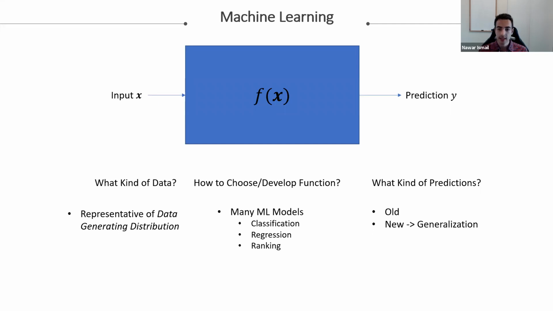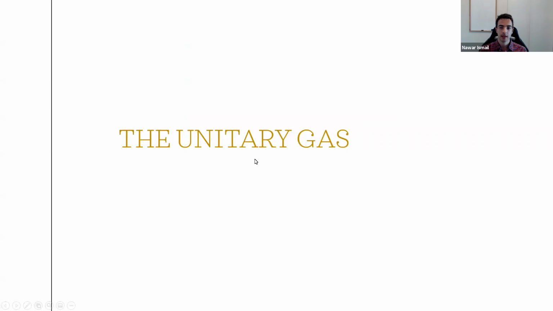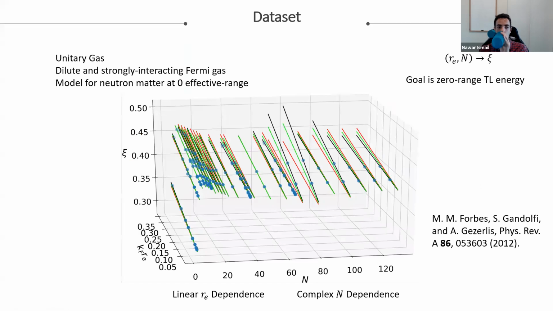And now we can see how we'll study that in the case of the unitary gas. For the unitary gas, we are working with a dilute and strongly interacting Fermi gas that acts as a good model for neutron matter in the limit of zero effective range.